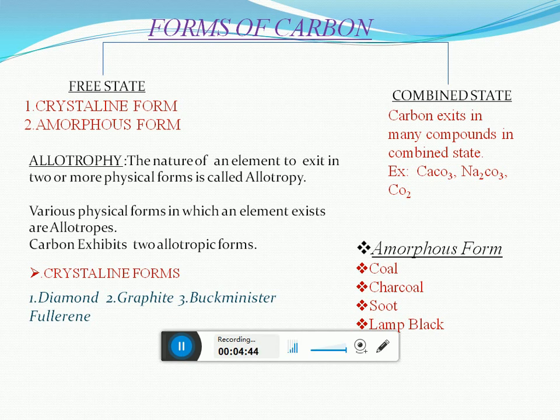If you consider this free state, carbon exists in crystalline form and amorphous form. The nature of an element to exist in two or more physical forms is called allotropy.